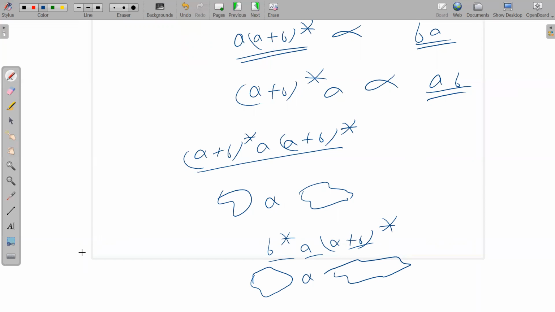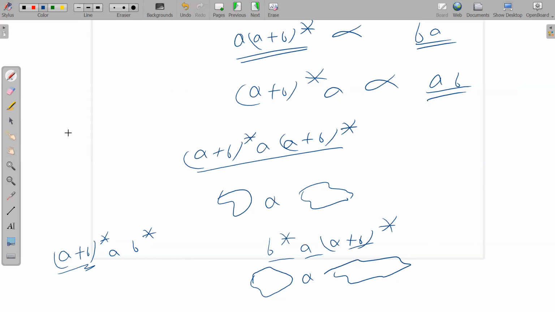Similarly, I can write like this also: A plus B whole star A B star. So this means what? See, if I take some example, then you will get the proper idea.